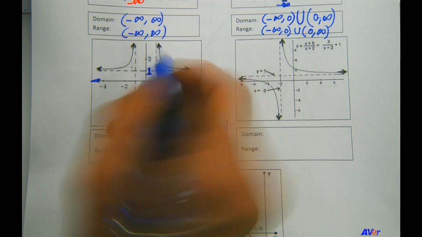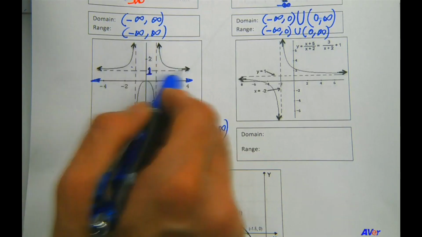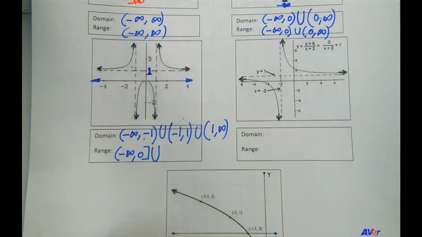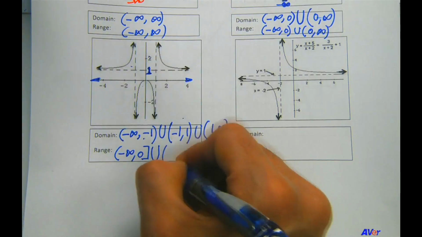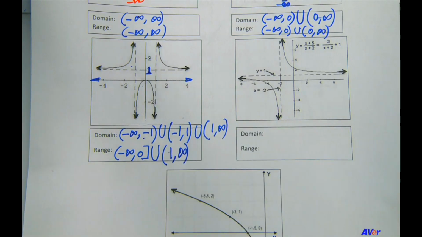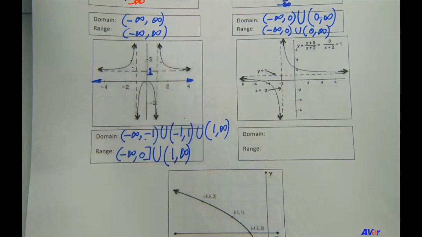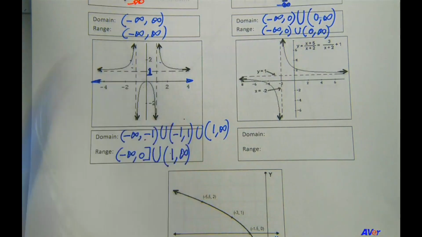This line starts right above 1 with respect to the y-axis and goes all the way to positive infinity. So union, parenthesis 1, comma, infinity. So this piece takes into account the range for both of these pieces. So that's where we stop. Okay.